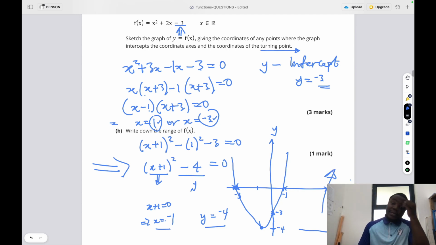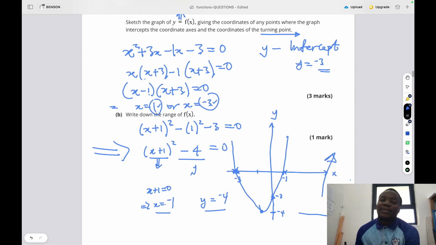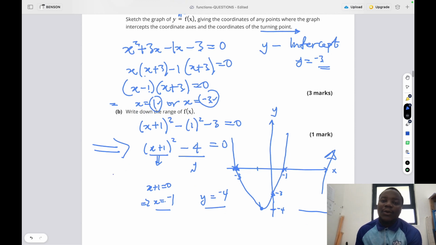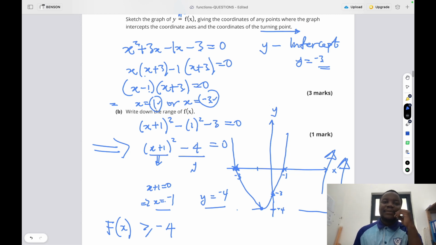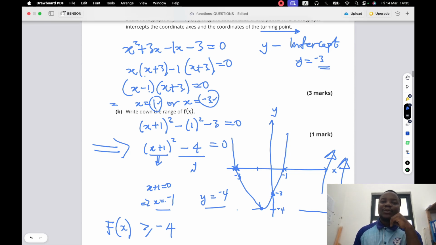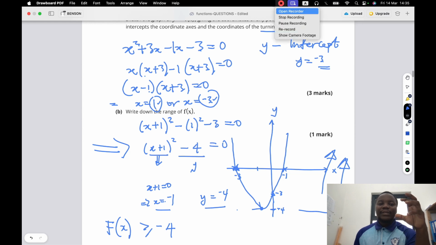So if we were asked to state the range of this function, we would have said f of x is greater or equal to negative 4, because it starts at negative 4 and then shoots up like that. You will see in some other questions that we're going to look at. So let's look at some other questions and see what we are going to have.